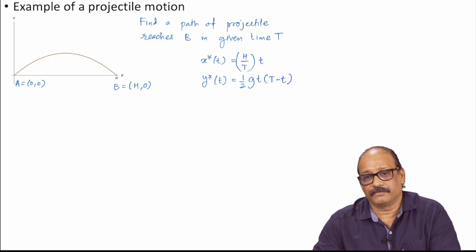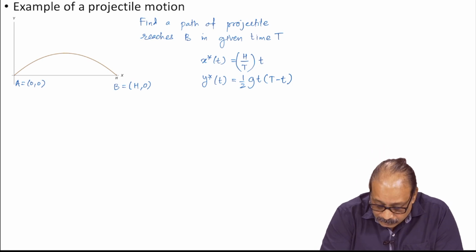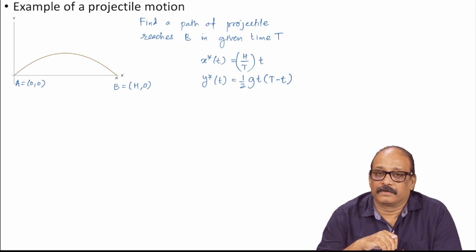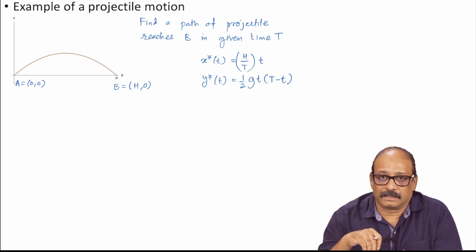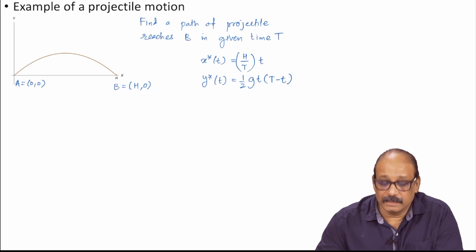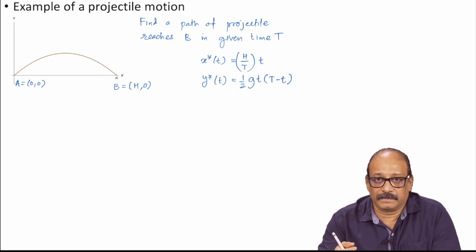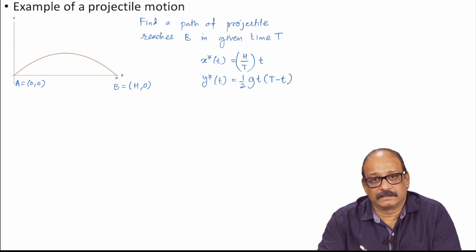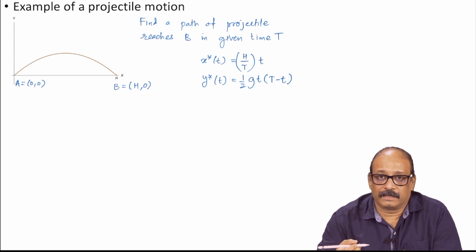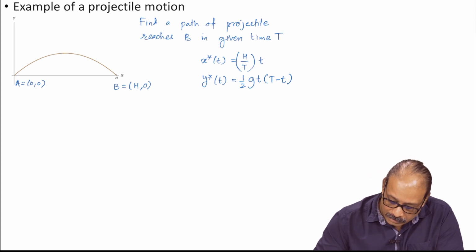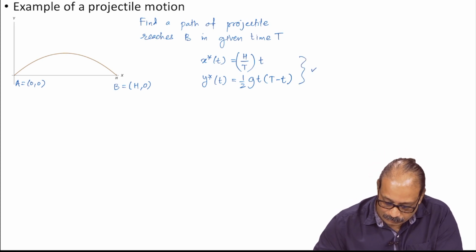You can immediately verify that this is the correct path for the projectile, and it also gives the time dependence. So, at t equal to 0, the y coordinate will be 0, at t equal to capital T also the y coordinate will be 0, and at small t equal to 0, x is 0, and at t equal to capital T, x star will be equal to h. So, this is the correct path that we know.